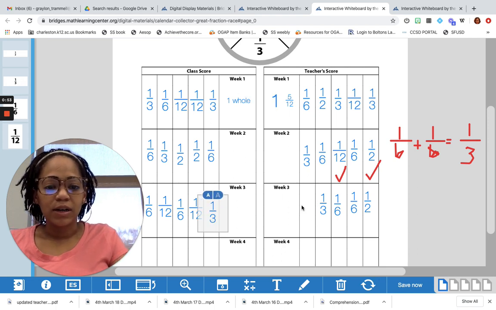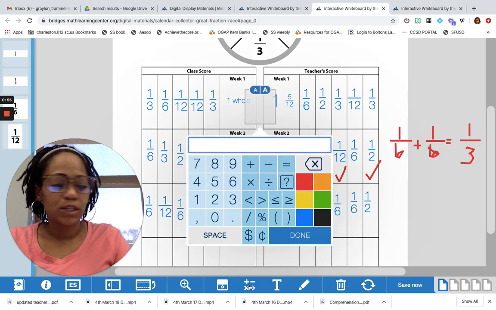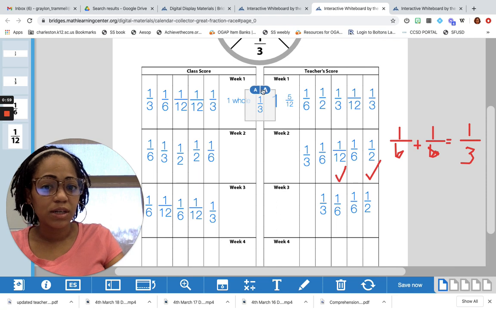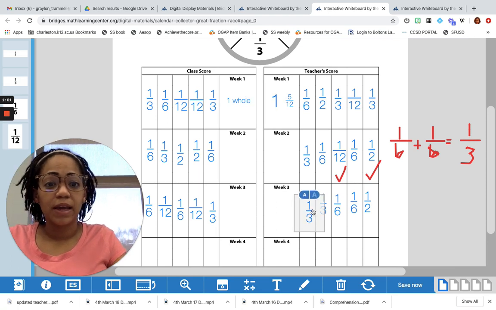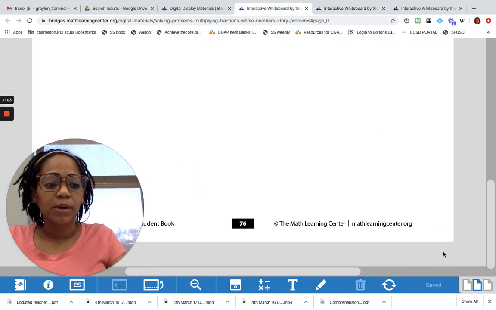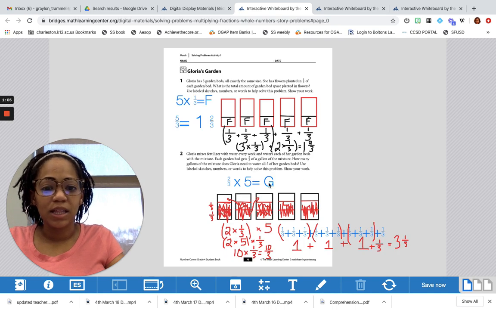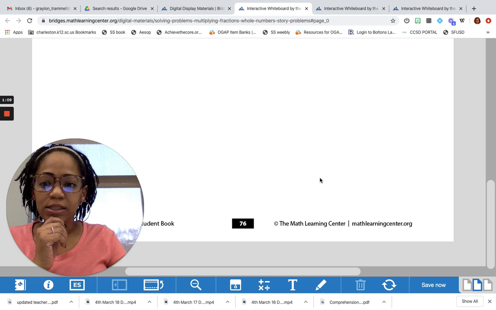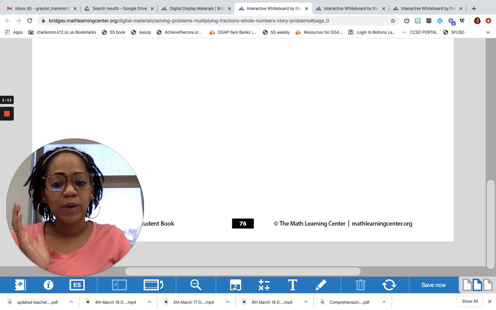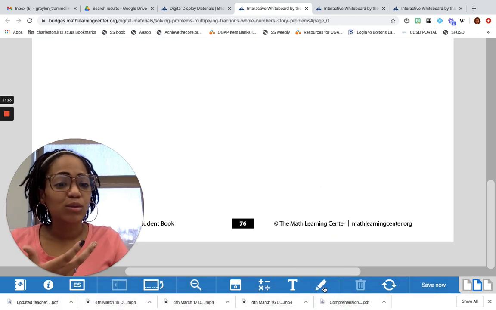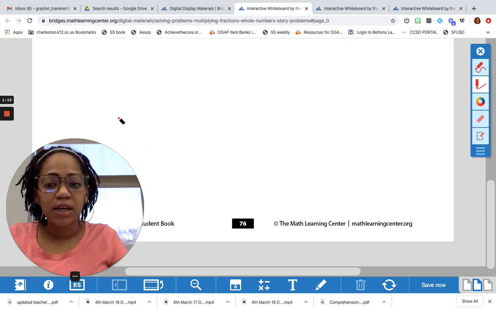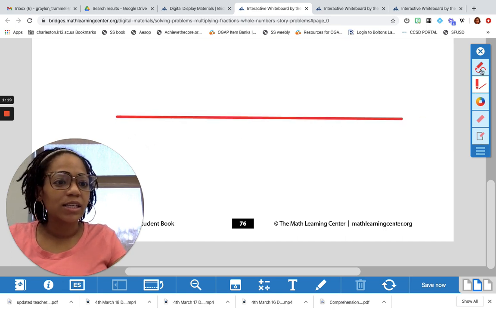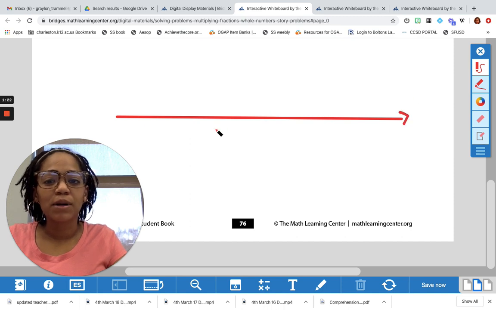And now I want to tell you that we are going to get ready to solve some more problems with multiplying a fraction by a whole number. So you may remember the other day we did something that looked like this. For today's work, I want to show you a model that you could use to solve a problem in terms of multiplying a fraction by a whole number, and that is the trusty number line.